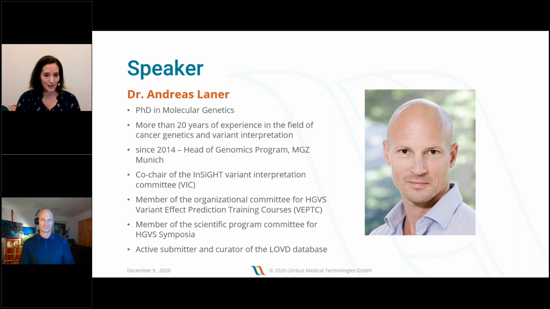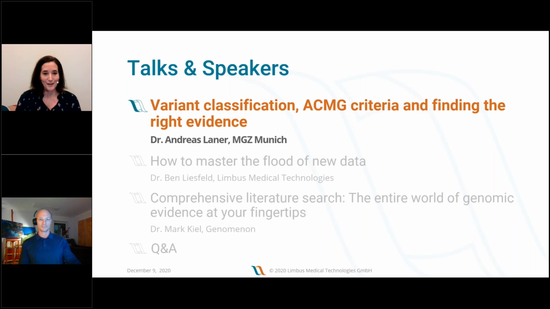For example, he's the co-chair of the Insight Variant Interpretation Committee and a member of the organizational committee for the HGBS Variant Effect Prediction training courses, which are held across the globe. He's also a member of the scientific program committee for the ACMG symposia and an active submitter and curator of the LOVD database. So today, he will give his own perspective on variant classification, ACMG criteria, and finding the right evidence. Thank you, Andreas, for joining us, and I'm handing over to you.